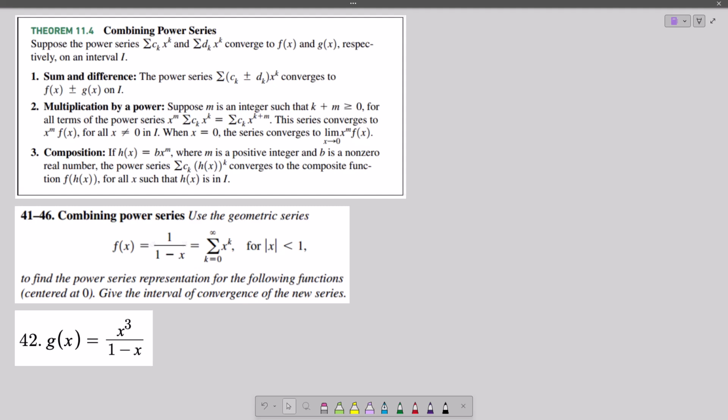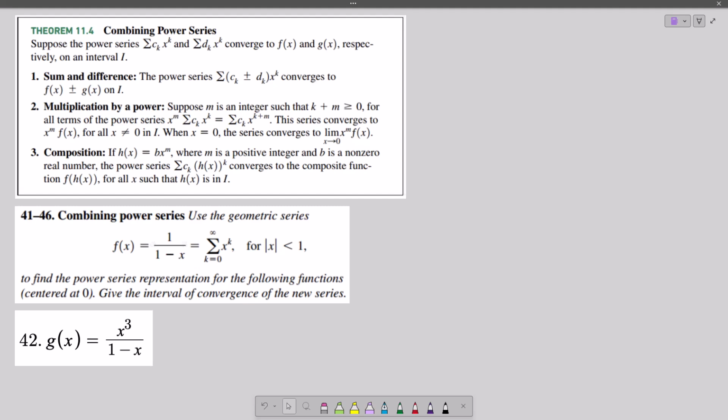A power series converges to a function, whereas a numeric series converges to a number if it converges. So we have two power series. They converge to these functions f and g. And as you would expect, as we've seen with limits and derivatives and integrals, if both of those converge and you add or subtract, the addition or subtraction will then yield convergence to f plus g or f minus g. That's very intuitive.